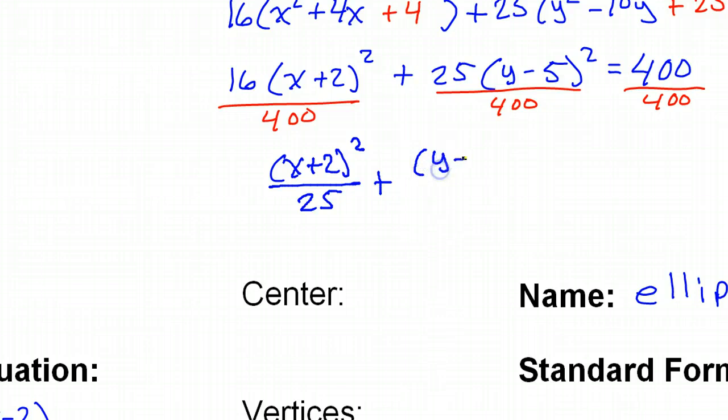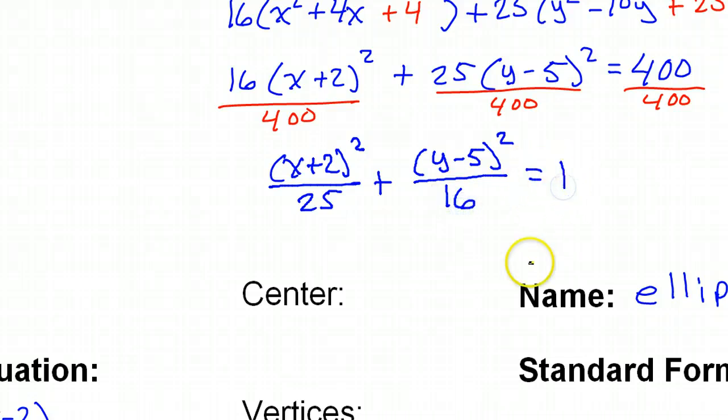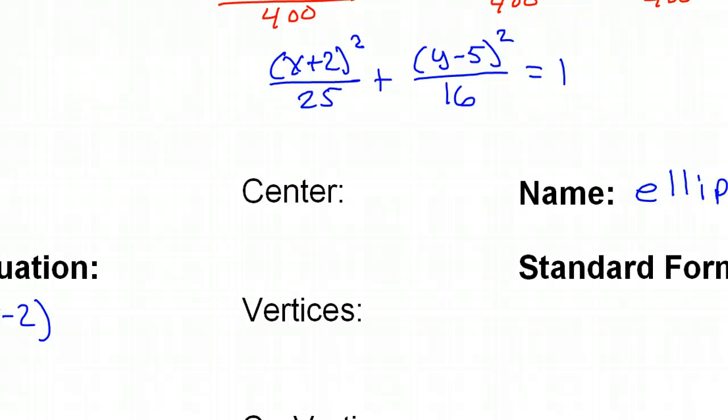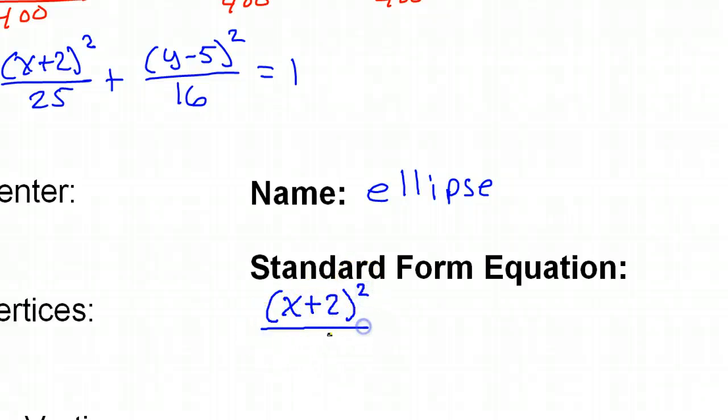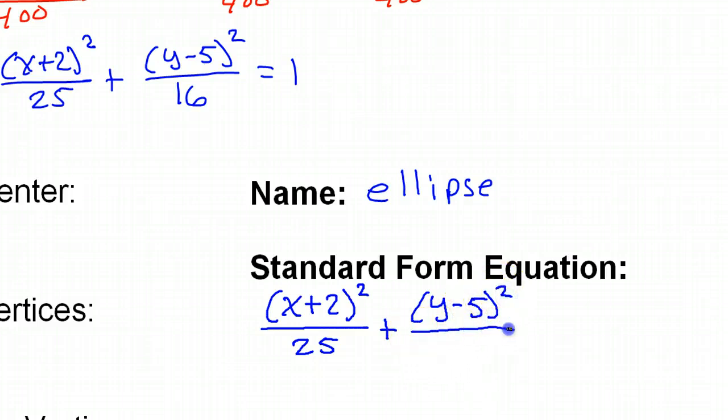So this will be y minus 5 squared over 16 is equal to 1. Now that is the standard form, so I'm just going to copy that down real quick. So once again we had x plus 2 squared over 25 plus y minus 5 squared over 16 equals 1.